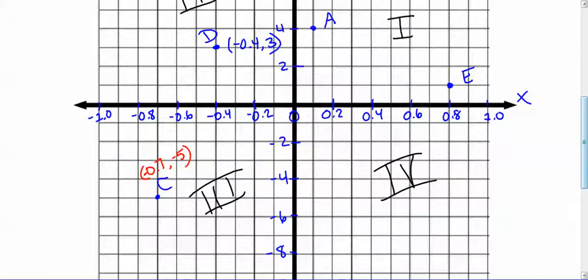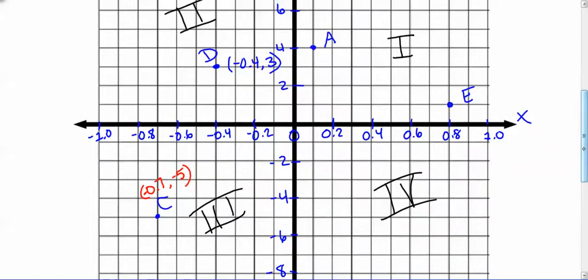Who can tell me the reflection of point C in the x-axis? You want to reflect it in the x-axis. Stone, what do you think? -7/10, 5. Very good. Nice job. Someone else want to try one?